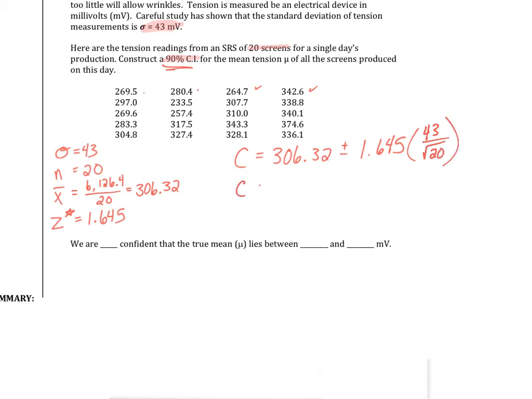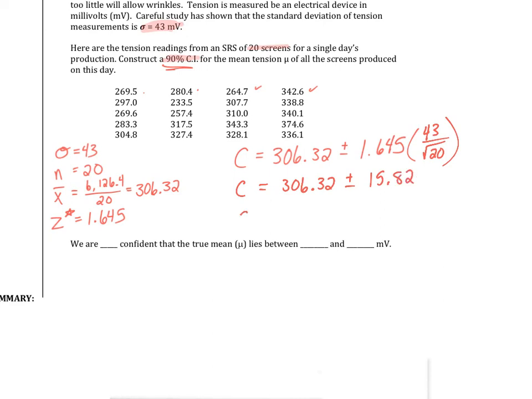So the confidence interval is 306.32 plus or minus, now let's type in our calculator, 1.645 times 43 divided by square root of 20. We will get 15.82.